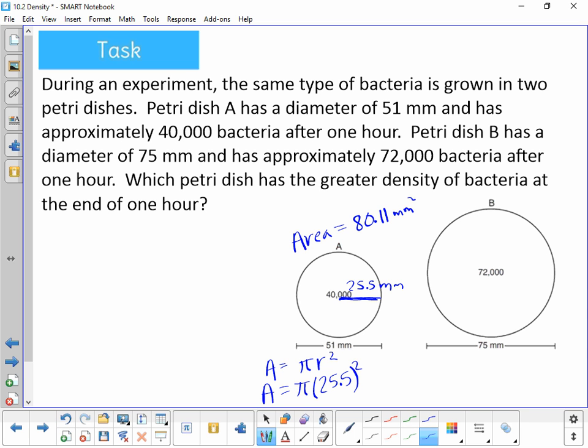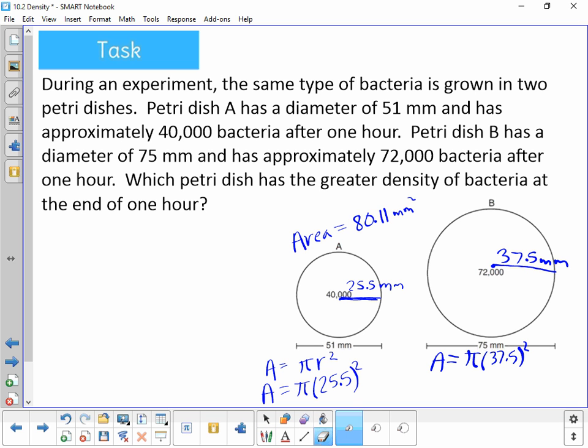For the second petri dish, the diameter is 75 millimeters, so if we divide that diameter by 2, the radius is 37.5 millimeters. So if we calculate the area of this larger petri dish, pi times 37.5 squared, we find that the area here is, oh, I'm sorry, I made an error on that last one.